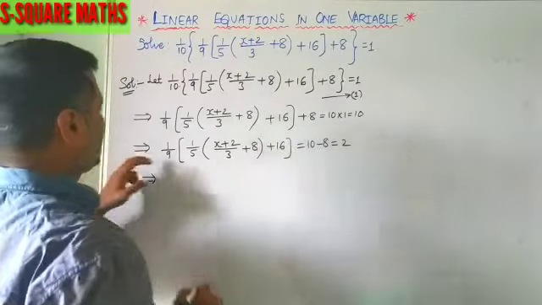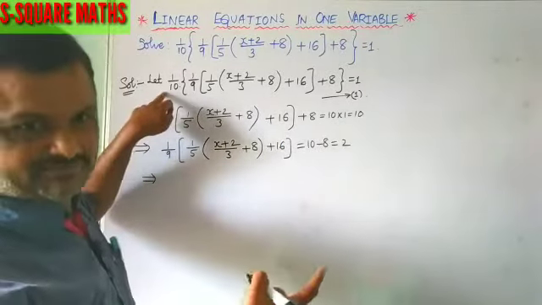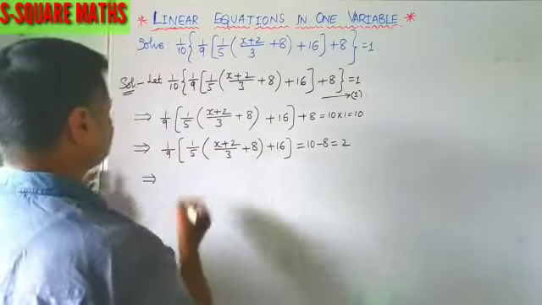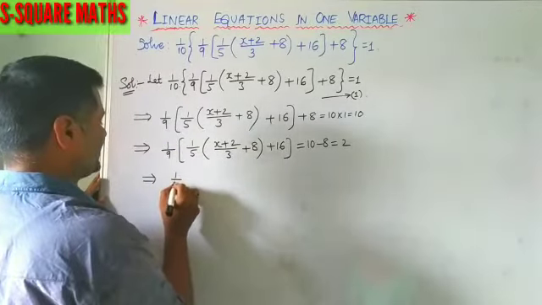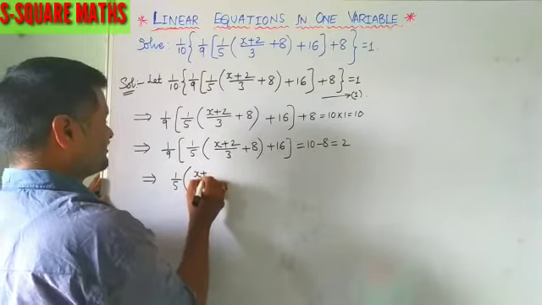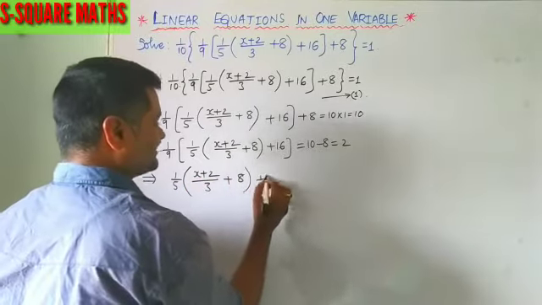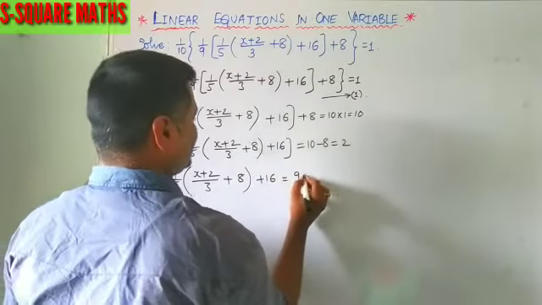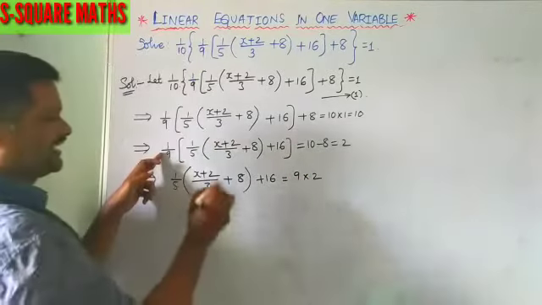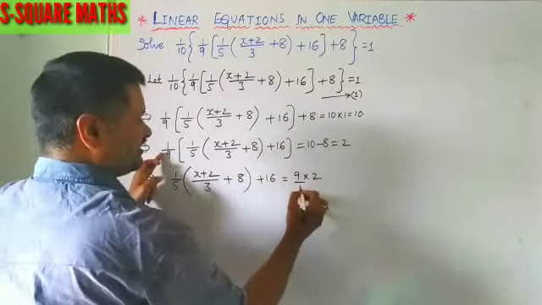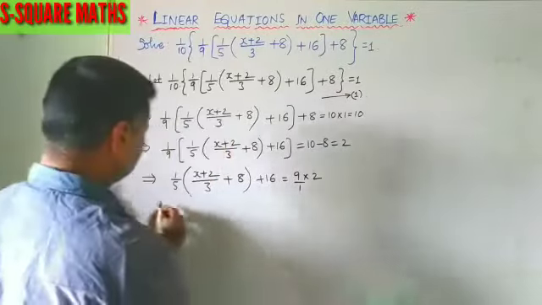Now as we did in the first step, the same we are going to do now. So 1 by 5 of x plus 2 by 3 plus 8 plus 16 is equal to 9 into 2. 1 by 9 transposed to that side becomes 9 by 1, nothing but 9 into 2, which gives you 18.